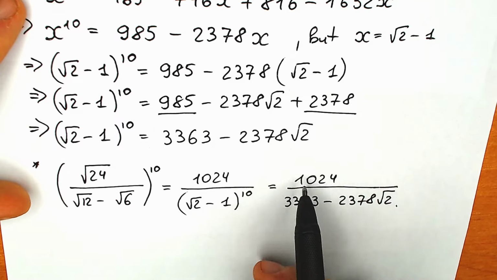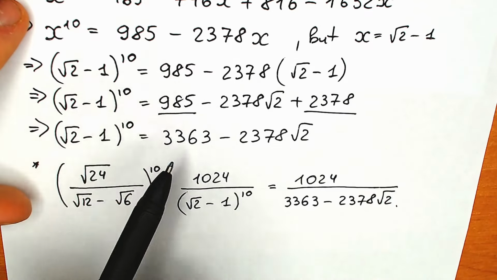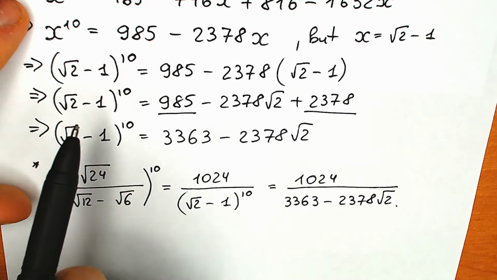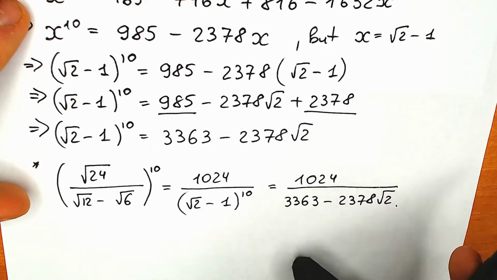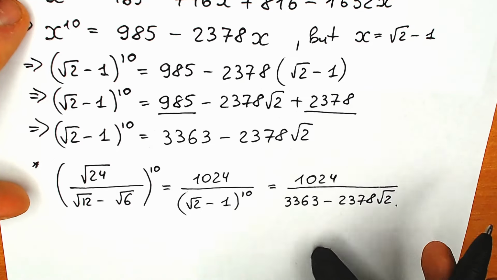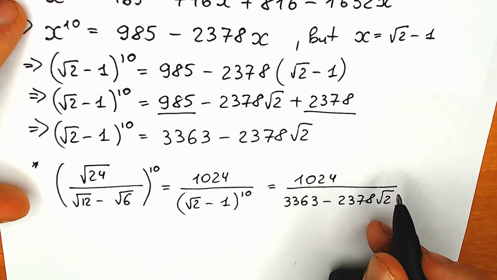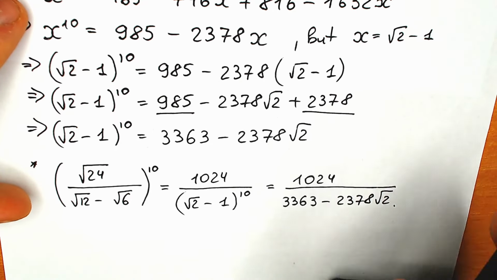So let's analyze this. We have a numerator, we can't simplify this more, and we have the denominator. That's why we simplify it. We evaluate the square root of 2 minus 1 to the power 10, because right now we can easily say, okay, we don't have any powers. We have a regular expression with the first power, so the main thing is the square root of 2. So this is up to you. You can also multiply our numerator and denominator by the conjugate expression.